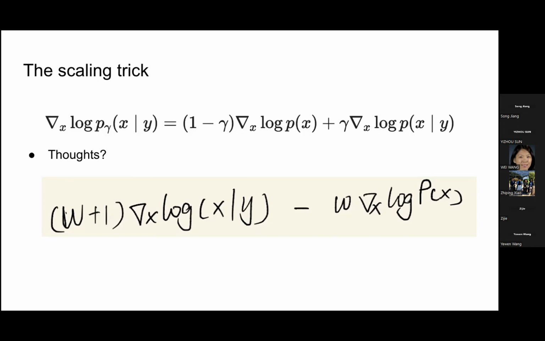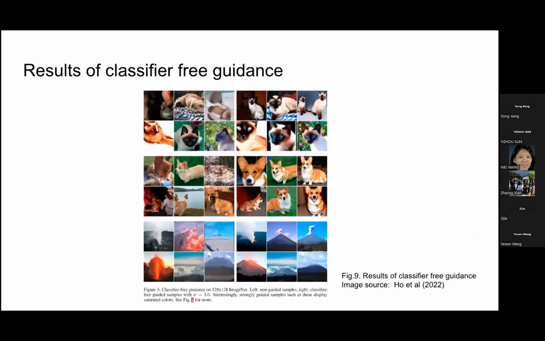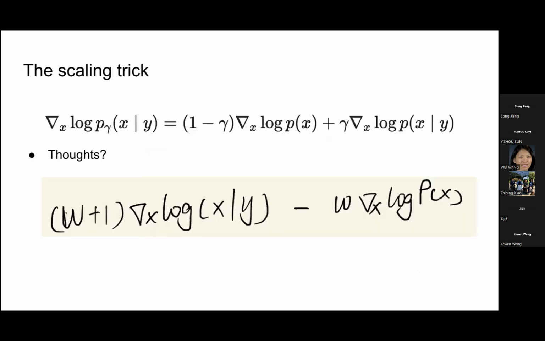Okay, that's a good question. I think if we have enough data for X plus Y, maybe the performance will be similar. But for something like a video plus Y, then we really need to leverage the entire data set to build the model. Would you guys think that this is because of the W, the scaling factor?